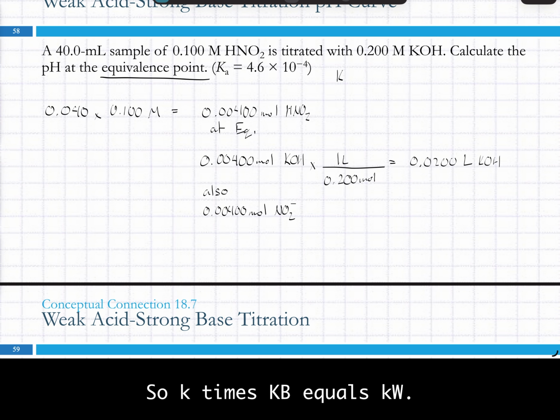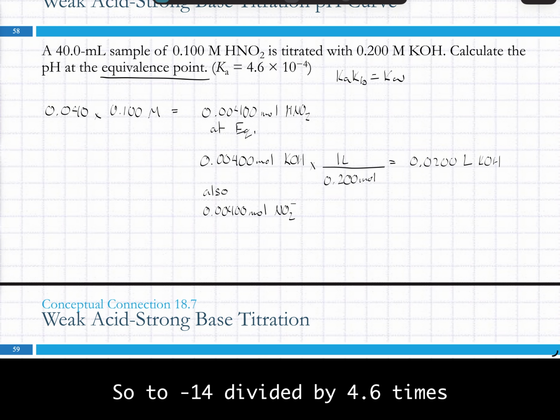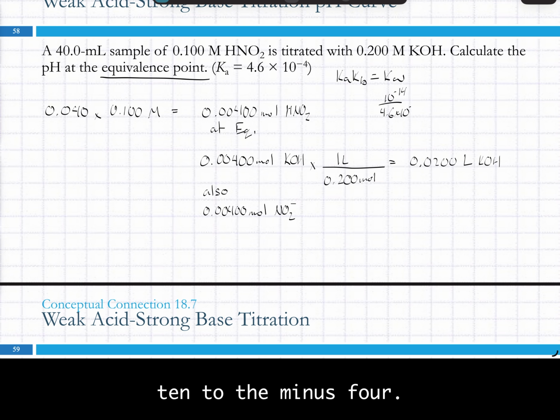So Ka times Kb equals Kw. So 10 to the minus 14 divided by 4.6 times 10 to the minus 4. So Kb.